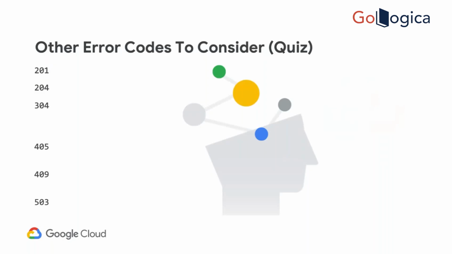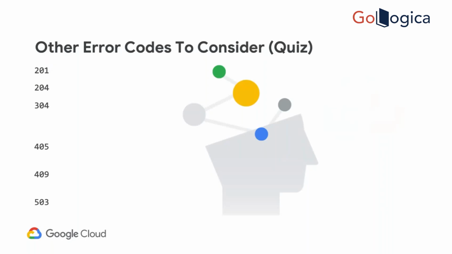Like 201. Do you know in which scenario 201 is used? 201 is success only, but basically it is created. When you make a POST call and the POST call is successful, then it is created. Everything is successful.